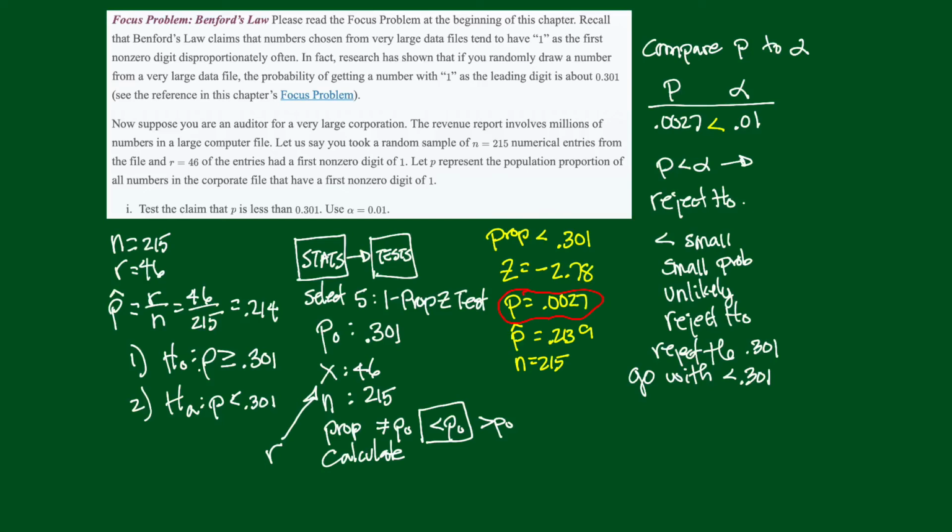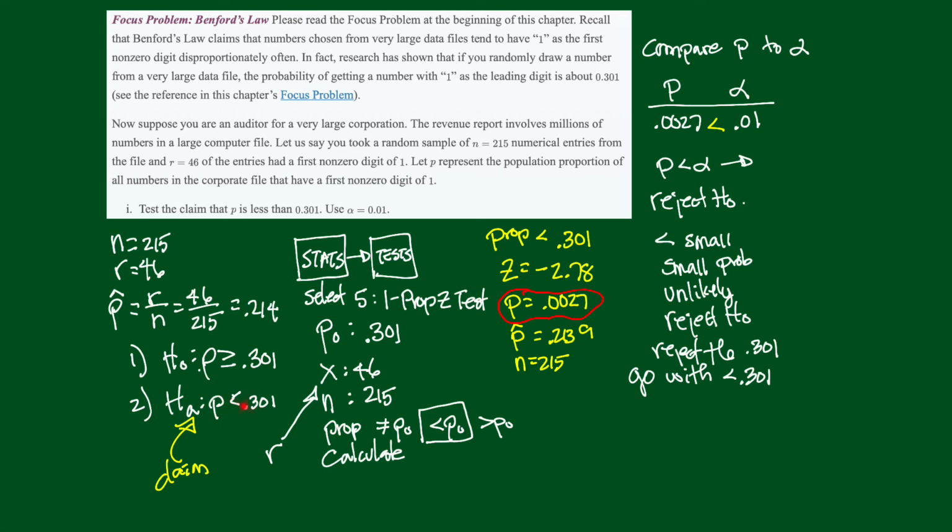We're rejecting the 0.301, and that means that we're going to go with the alternate, which is P is less than 0.301, which is exactly the claim, right? This is the claim right here. Remember when you read the problem, let's go up and look at the problem here. The problem says, test the claim that P is less than 0.301. So that's our claim. So we're going with the claim.